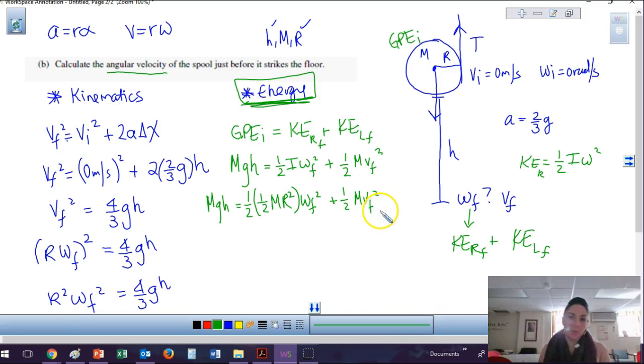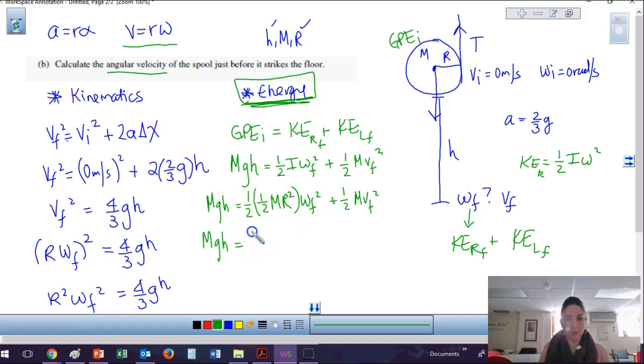So we're going to go back to our handy-dandy equation right here, and notice that we can make v into our rotational counterpart by plugging in our omega. So I'm going to go ahead and do that. So that's going to be mgh. Since I have this written here, I'm going to simplify this.